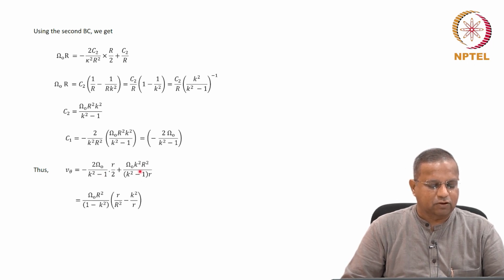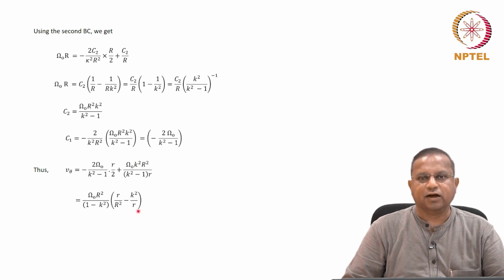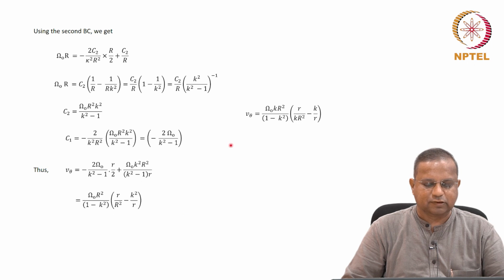And if you take out common omega naught r squared by 1 minus k squared, you have r by r squared remaining here. You've taken out r squared, so you need to divide by r squared. There's no r squared here. And what remains here is k squared minus r, which can be written as omega naught k r squared by 1 minus k squared, r by k r squared minus k by r, which can be written as omega naught r squared by 1 by k minus k.